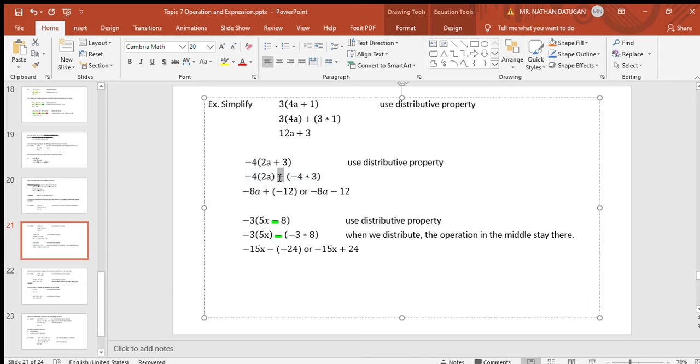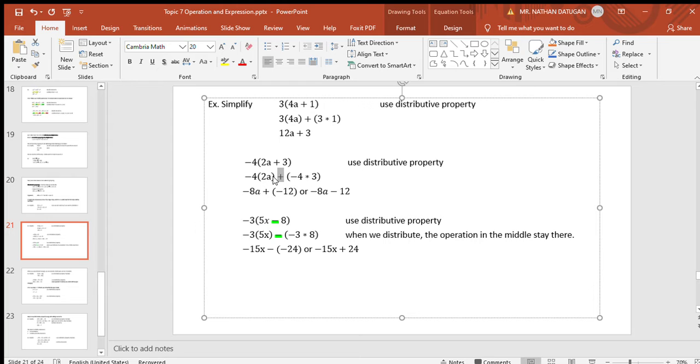The operation between the first term and the second term needs to stay the same, which is a plus. So negative 4 times 2a will be our first term, and the second term will be negative 4 times 3.